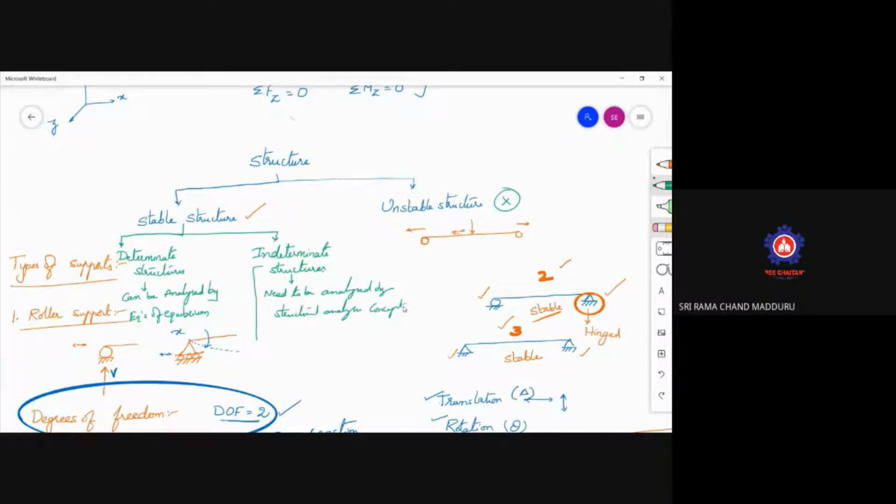These indeterminate structures will be classified into two categories. One is static indeterminacy. Second one is kinematic indeterminacy.